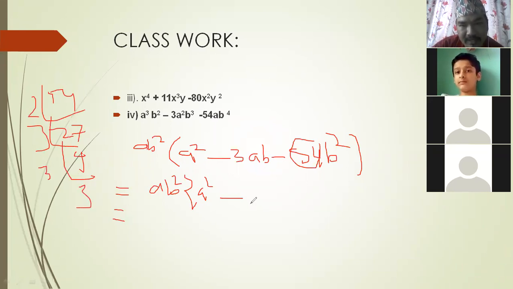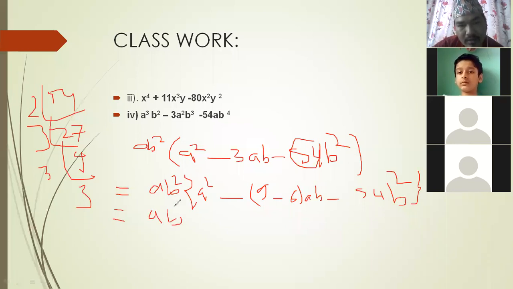We have to do subtraction. What will be here? 9 minus 6, right? Minus 9AB and 6AB. Okay, Celine? Minus 54B square. Okay. Then what will be there? Remove this bracket. Then what should you do here?